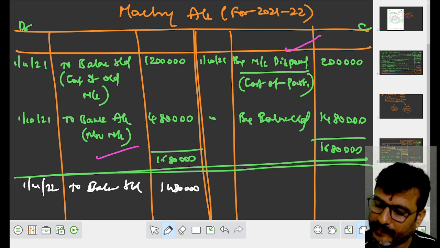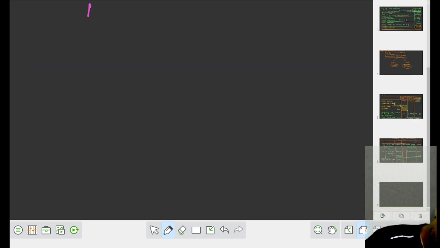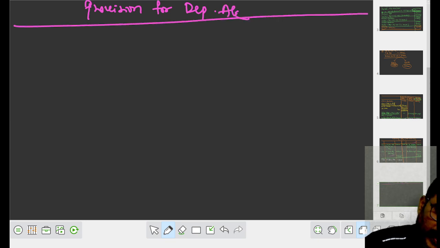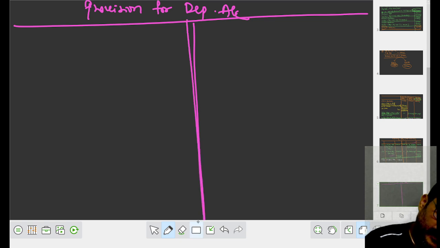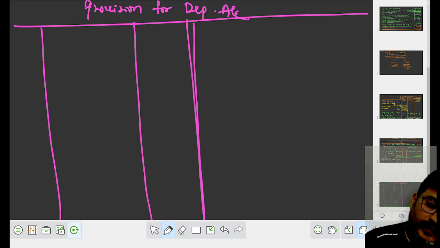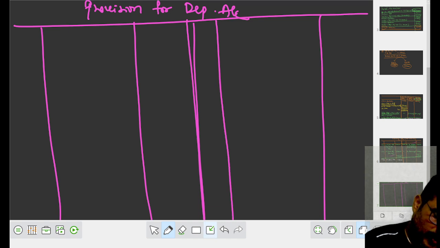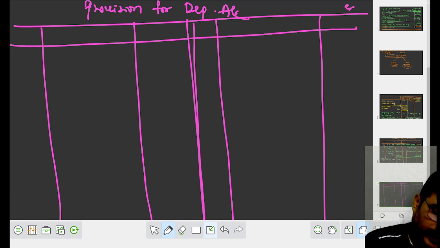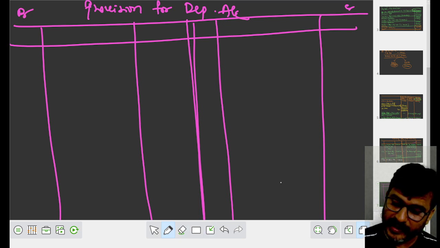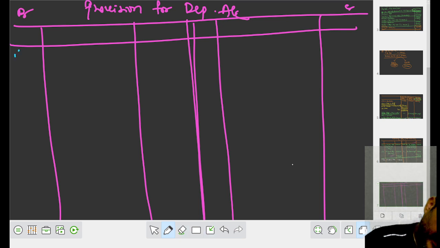बाद में क्या करना है हमें? We have to prepare provision for depreciation account. That is also for only 1 year. Here it is a liability, right?